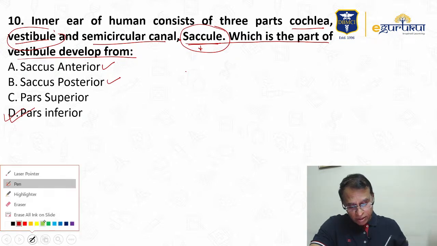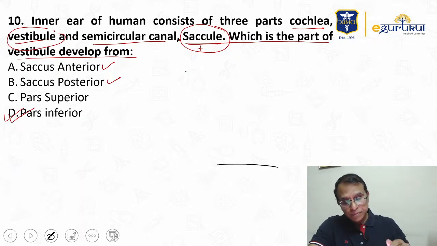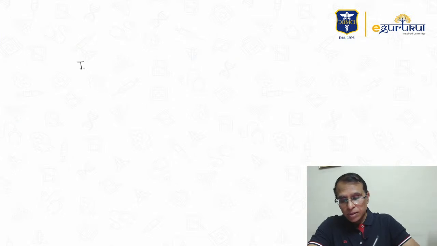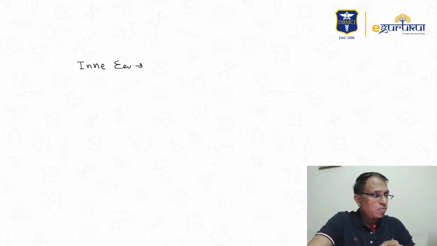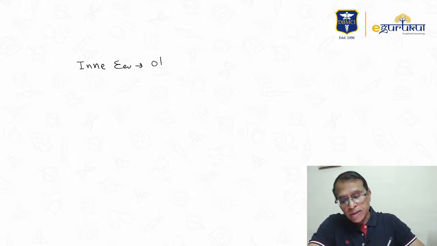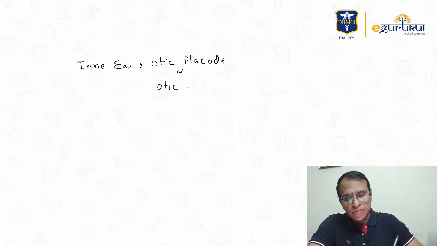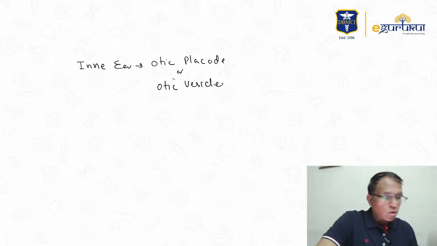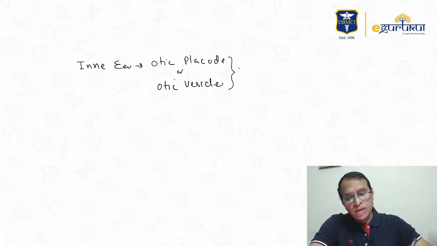Now the inner ear, which is the labyrinth, develops from what is called the otic placode, or you can say the otic vesicle. The otic vesicle has 2 parts: pars superior and pars inferior.